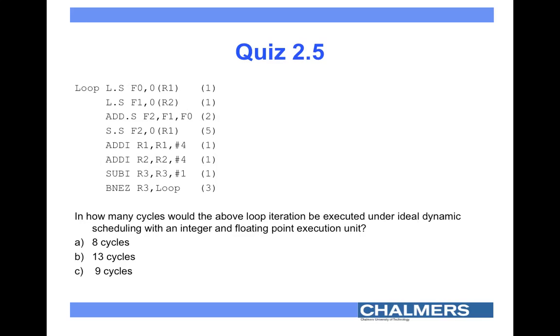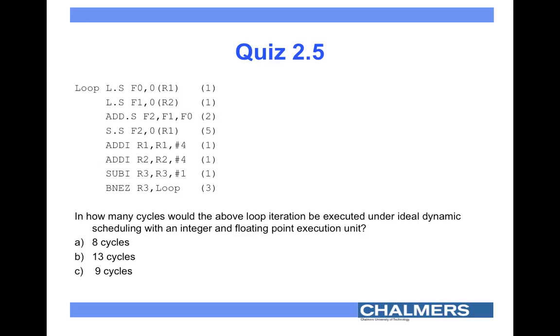So the least number of cycles we could ever get this done in is going to be 9. But if we allowed the subsequent integer instructions to really continue to bypass the floating point instructions, then they would get done in 5 cycles.